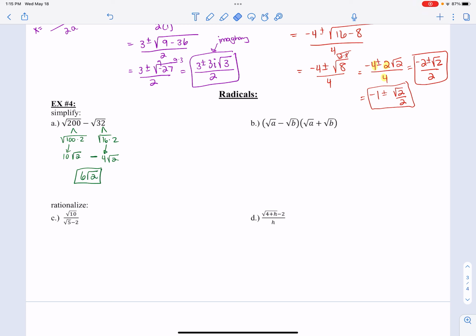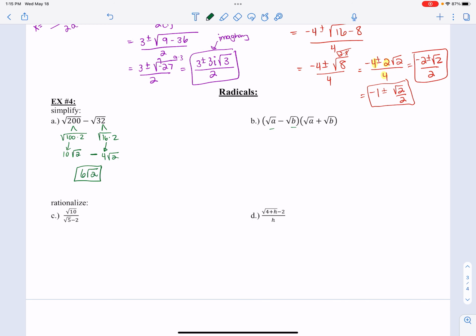They're actually conjugates, meaning they have the exact same square root of A and square root of B, one's minus, one's plus. Some special things happen when you multiply out a pair of conjugates that don't necessarily happen if they're not conjugates. So it works the same way. You can definitely shortcut this, though, if you know the pattern.